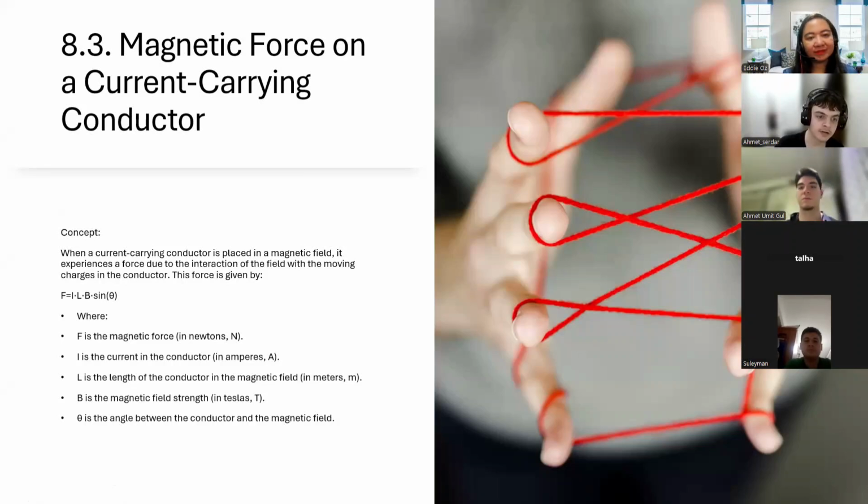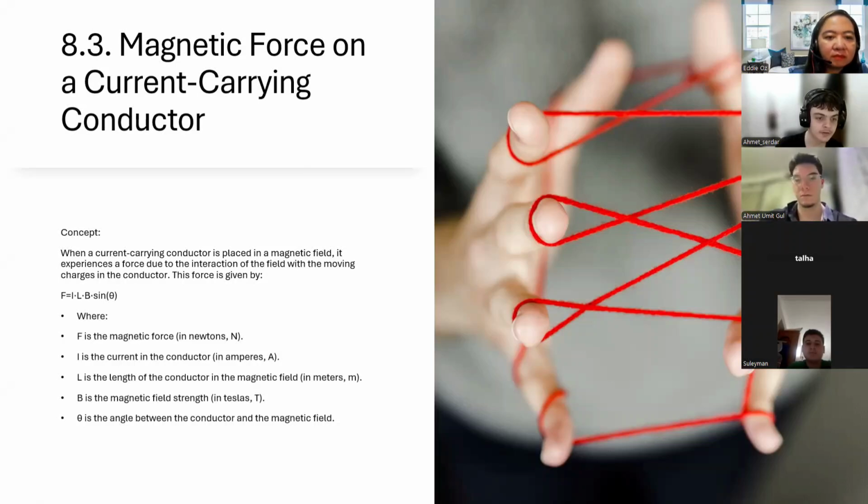Magnetic force on a current carrying conductor. When a current carrying conductor is placed in a magnetic field, it experiences a force due to the interaction of the field with the moving charges in the conductor.